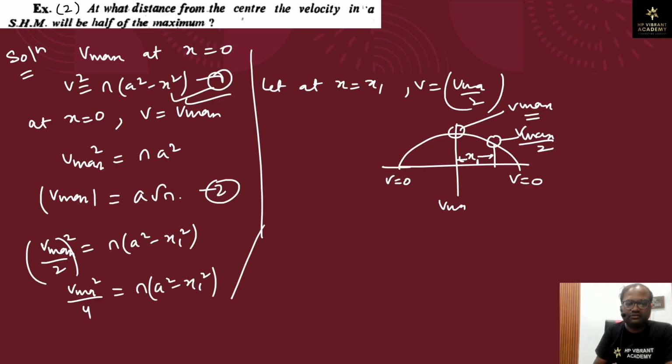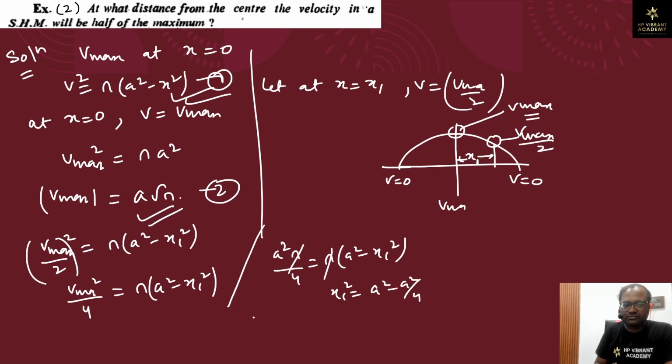With v max equal to a root under mu, we get a square mu upon 4 is equal to mu (a square minus x1 square). So this gets cancelled, and x1 square is equal to a square minus a square upon 4, so x1 square is equal to 3a square upon 4.